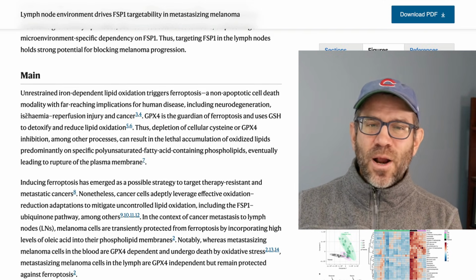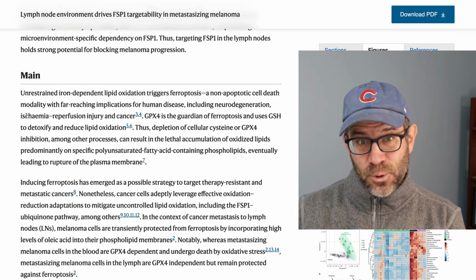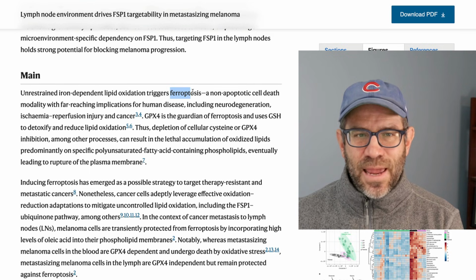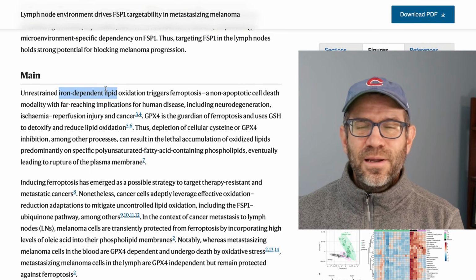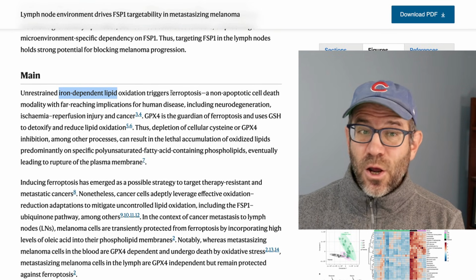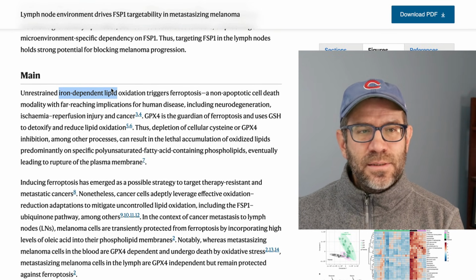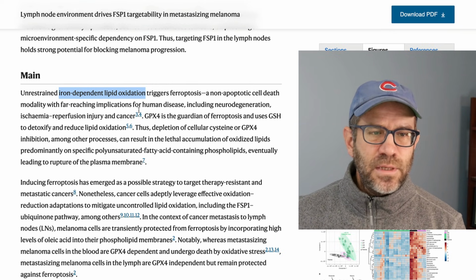Apoptosis is a programmed cell death, and ferroptosis is a non-apoptotic form of cell death. And so we can tell by the name that ferroptosis is triggered by iron in some form, right? Because ferro, like ferrous, is iron, right? So it's going to be an iron-dependent lipid oxidation that then triggers this form of cell death.